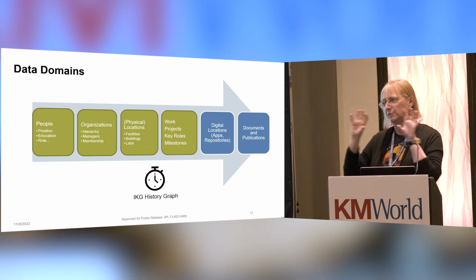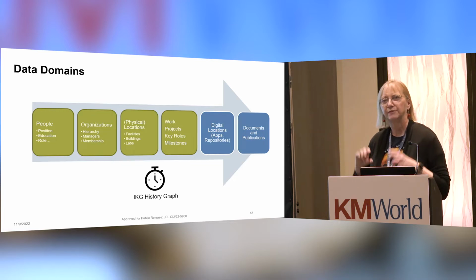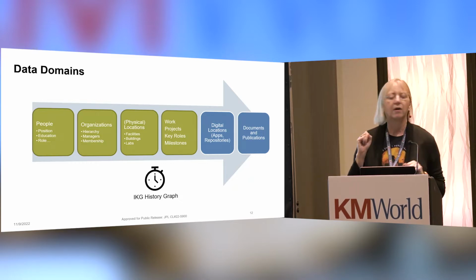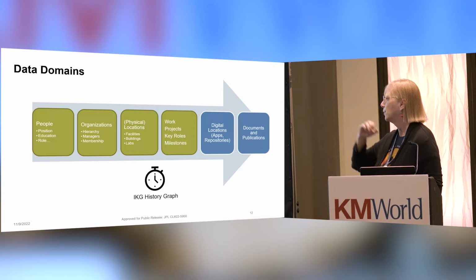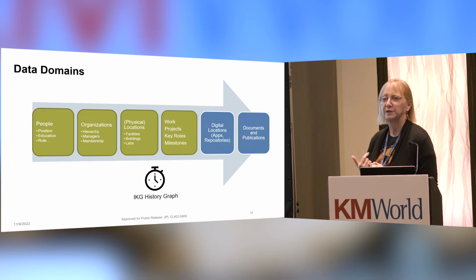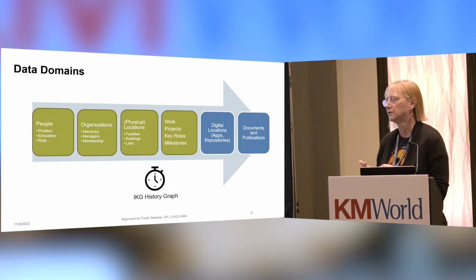So anytime we observe a change, we write it to the history graph. We've just been doing that for maybe a month or so now. And so we're hoping that over time you could look back to see, well, who are all the project managers on Voyager, for instance, which has been flying for 50 years, et cetera. You could look back in time and see what those changes were.